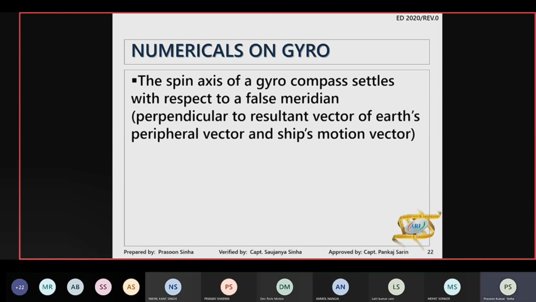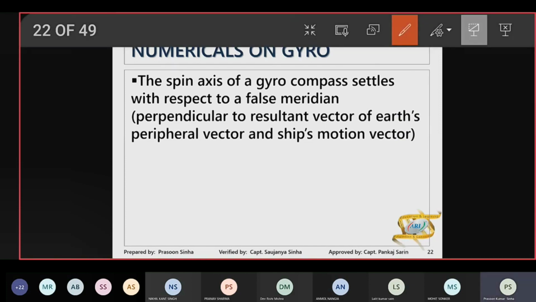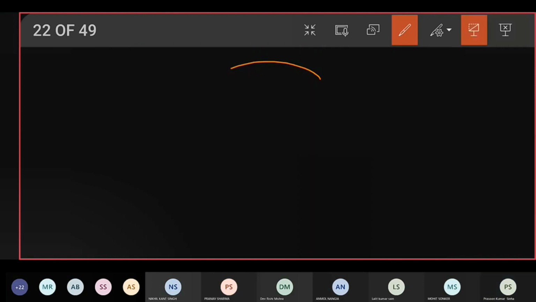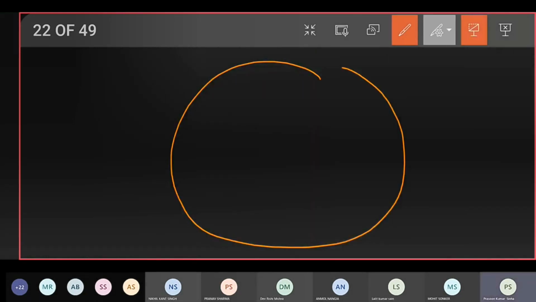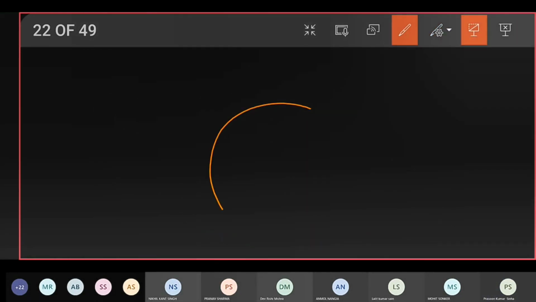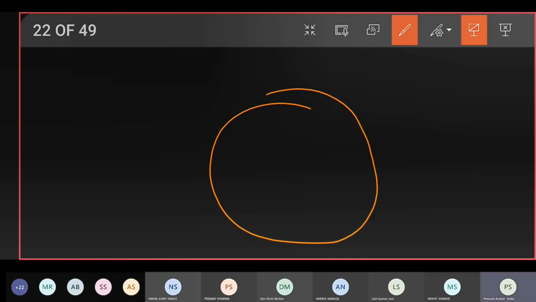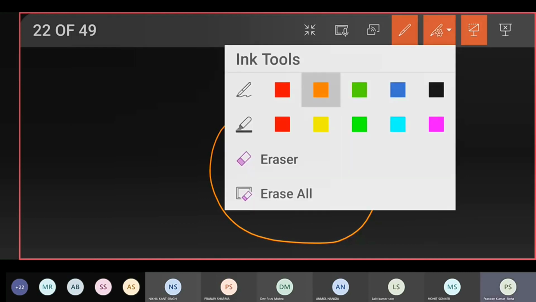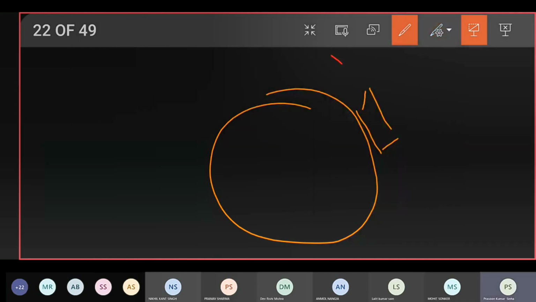Now supposing the ship is, okay, let us say on earth somewhere, nahi zyada bada ban gaya. On earth somewhere, the ship is here. Will the gyro star be in this direction?